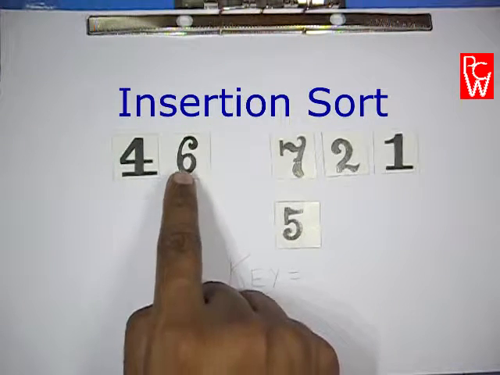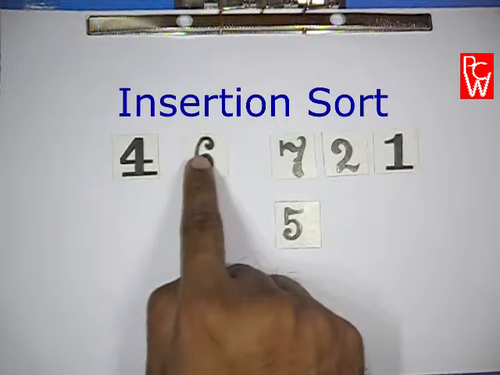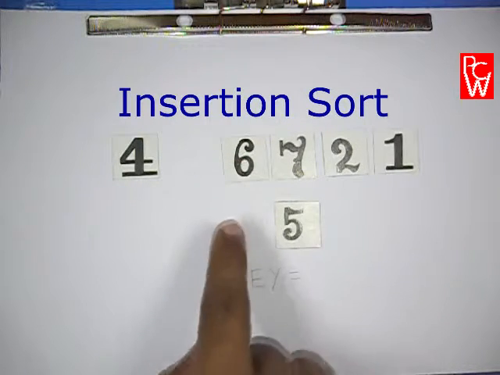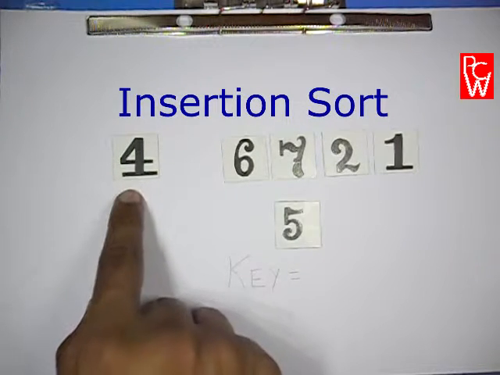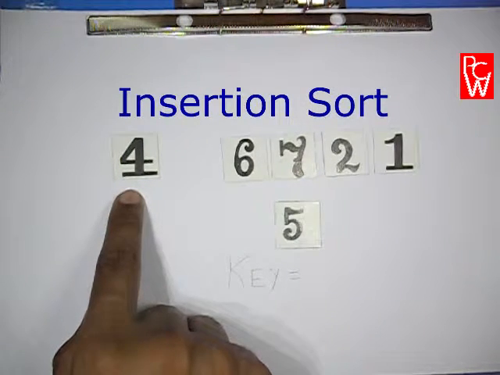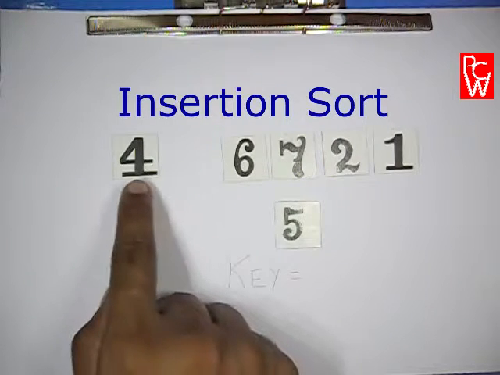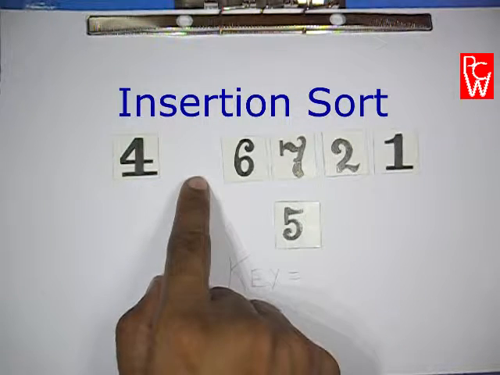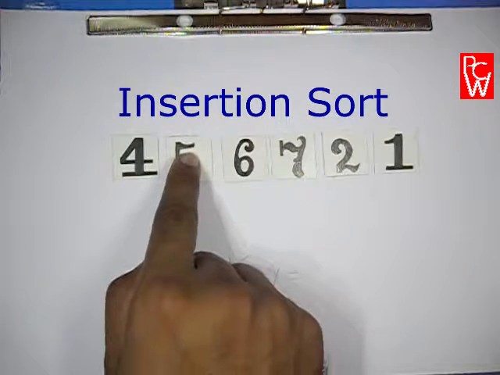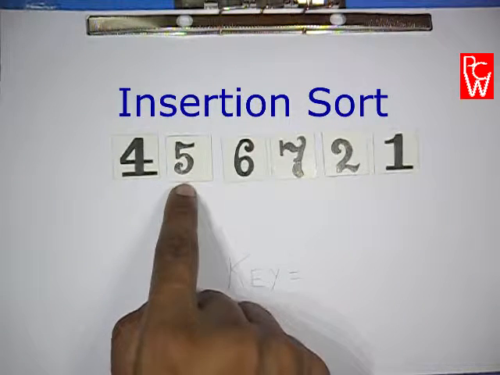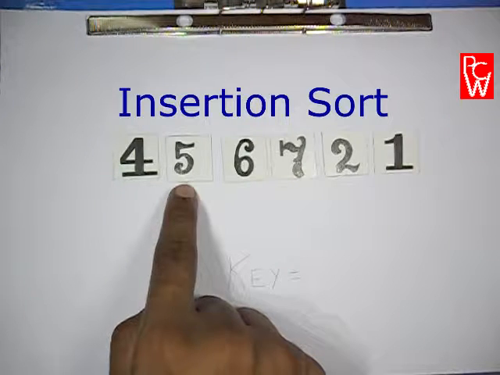The condition is true, so we will shift 6 towards right. Now we will check again, is 5 less than 4? The condition is false, so 4 will not be shifted towards right, and 5 will be placed after 4. Hence 5 has got its exact position.